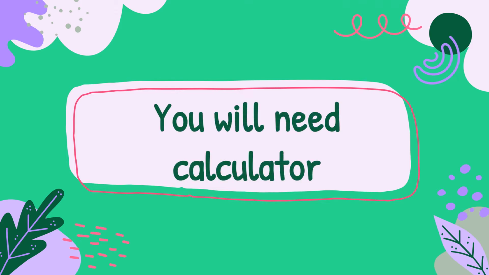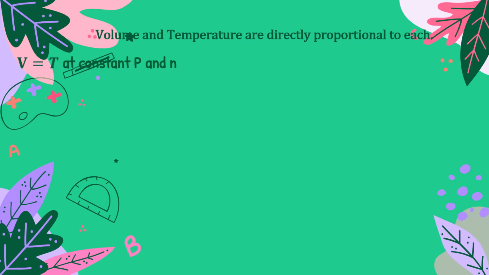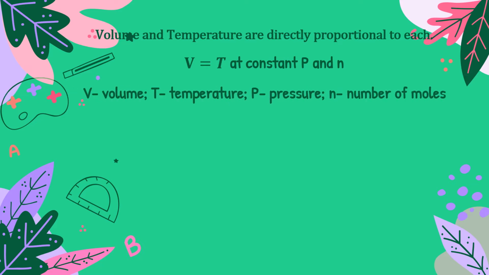Now, to move on to our discussion for today, you will need a calculator. Volume and temperature are directly proportional to each other, and because of this, we will have this equation wherein volume is equal to the temperature at constant pressure and number of moles.